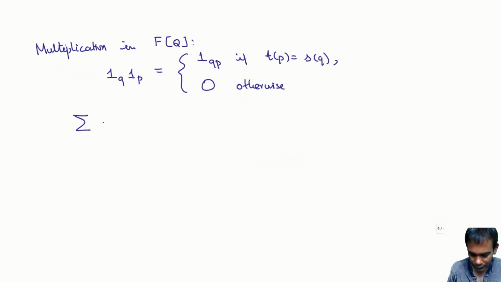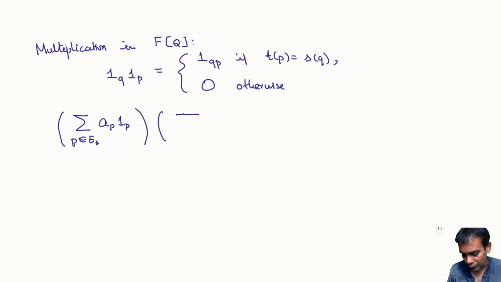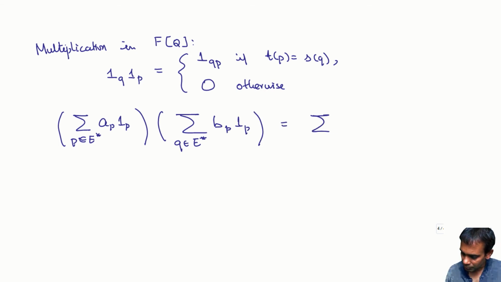You define the summation of a_p 1_p, p belonging to E star, multiplied by the summation of b_q 1_q, q belonging to E star, as the summation over p and q in E star of a_p b_q 1_p 1_q.